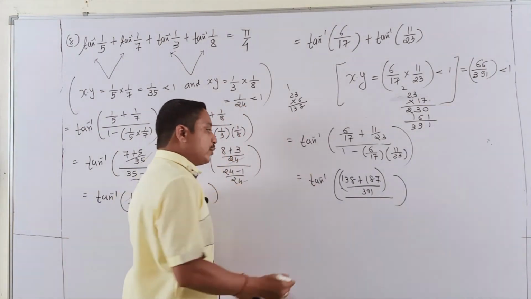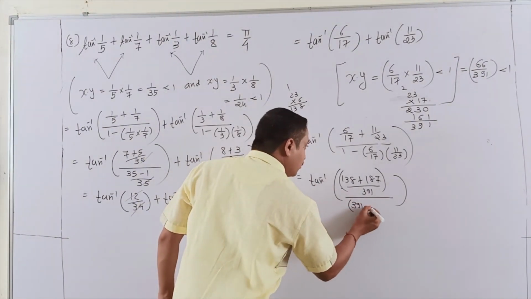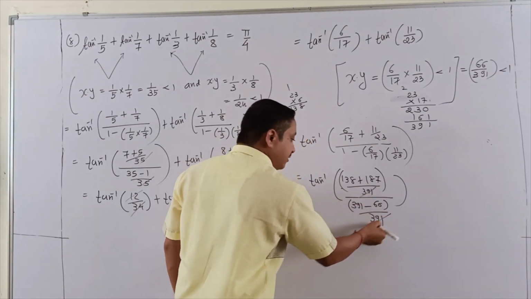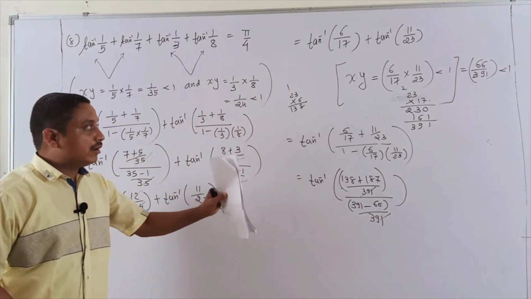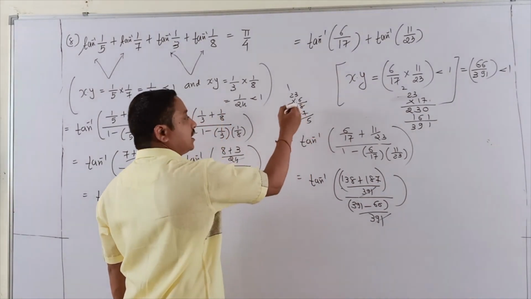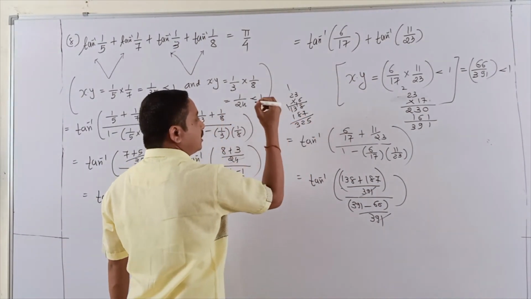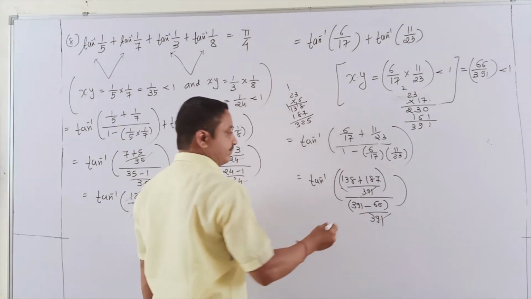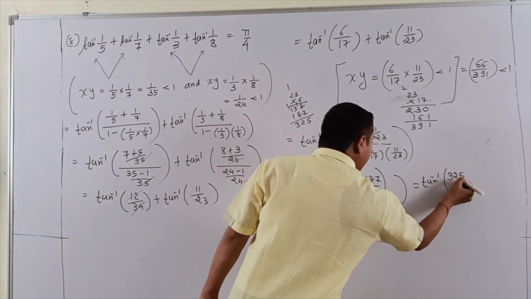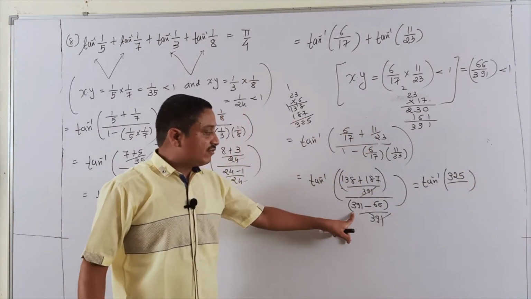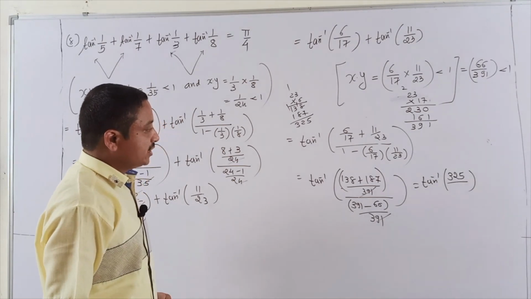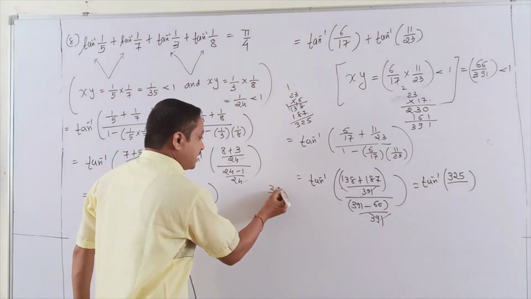Same, students. Here 11 into 23, 391 minus 66 by 391. This 391 is gone. Now adding 138 plus 187 gives 325. Yes, tan inverse 325. Check, the lower is also 325. Your final value 391 minus 66.